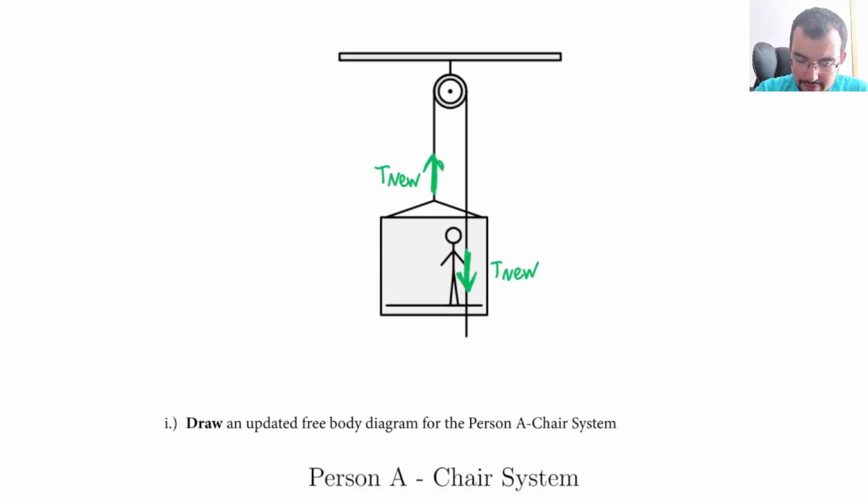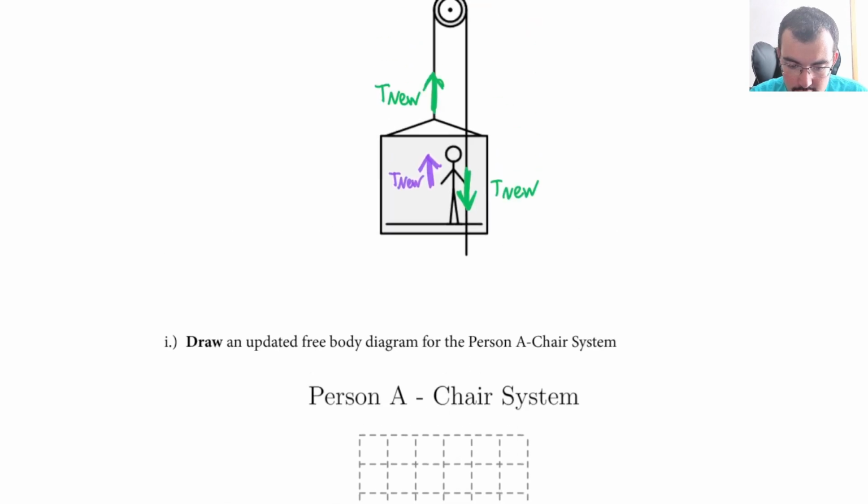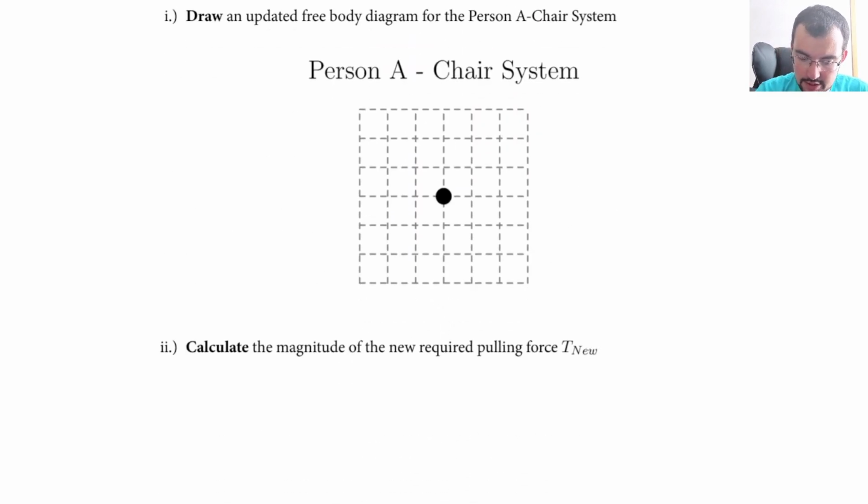And also, we can't forget the fact that since person A pulls down with T, Newton's third law says the rope pulls up on the person. So there'd also be a T this way. So we see that there definitely will be a weight force still.